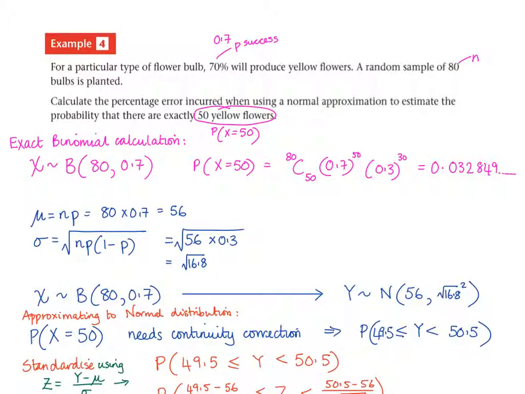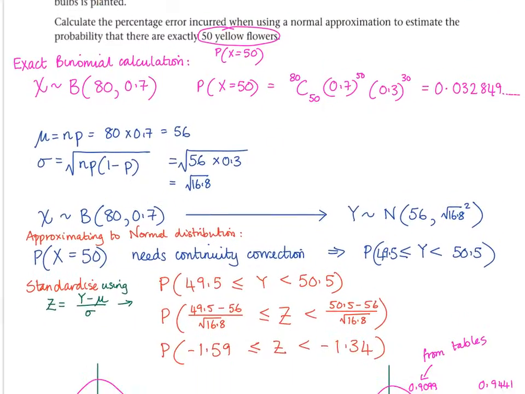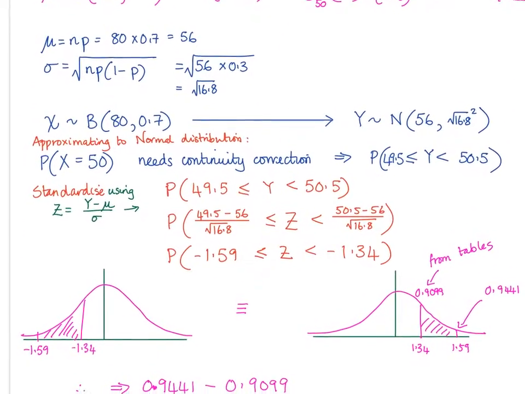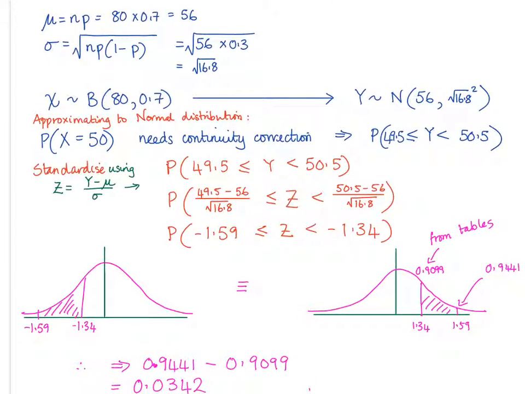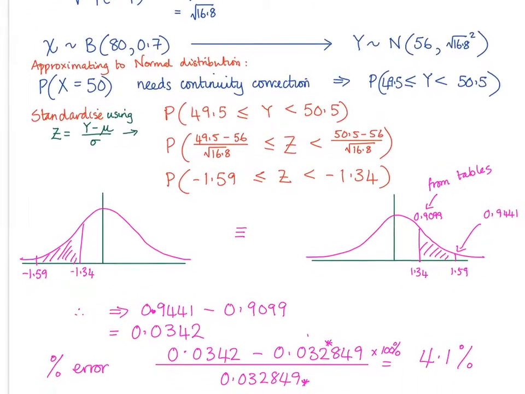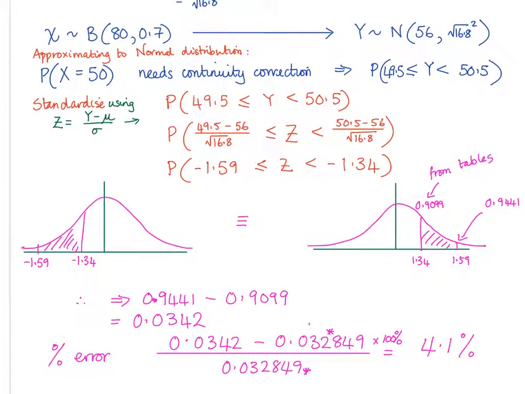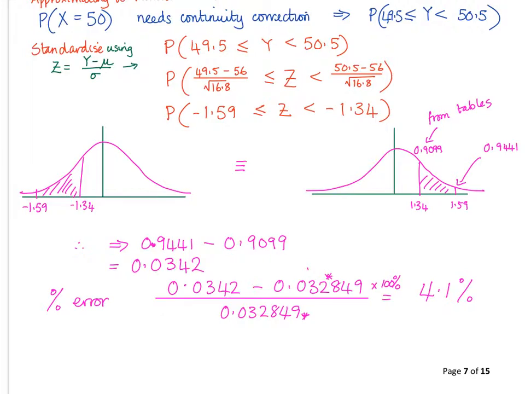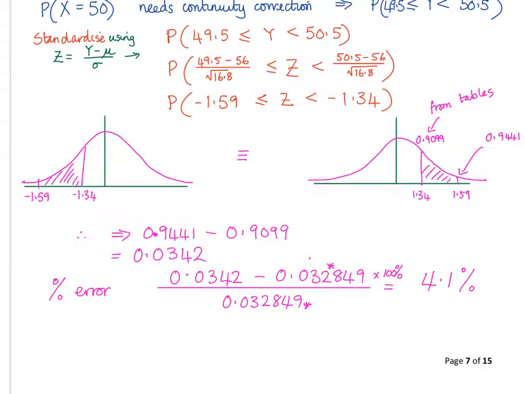We did a little bit of calculation with that, and we also approximated it to the normal distribution by using the continuity correction as well, and we worked out the percentage error in that.